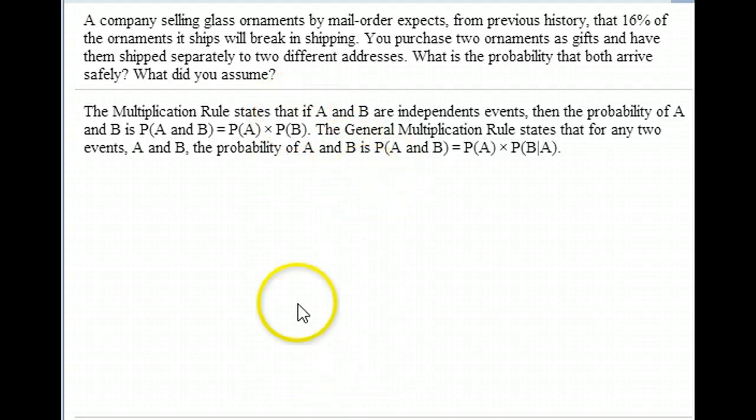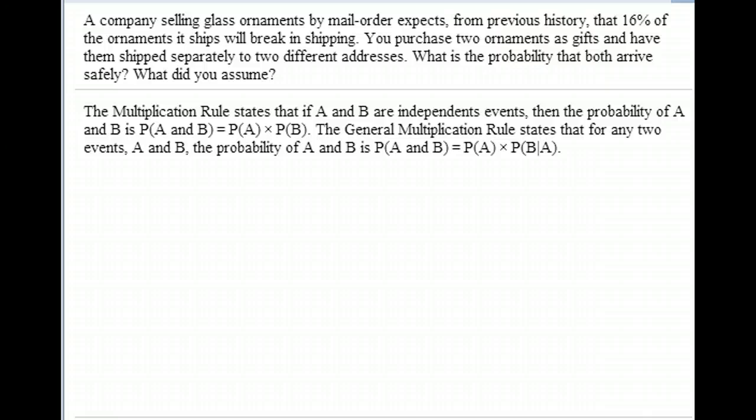So with this, we need to start with what we are going to assume so we know which of these rules to use. Now, absolutely, since we are shipping to different addresses and it's 2 independent shipping, we're going to assume that the probabilities are independent for the 2.